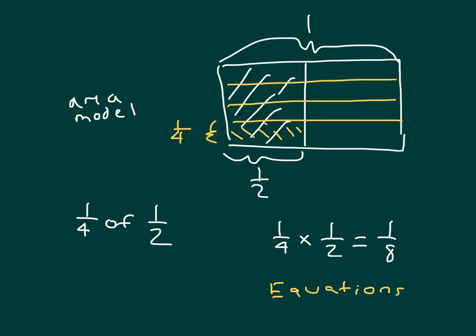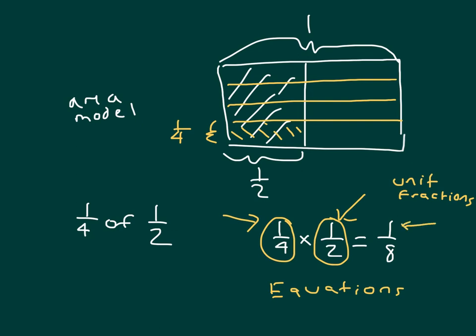And that's how it is that you can go about multiplying unit fractions. Again, those fractions where it is that they have a 1 in the numerator. Both of those, again, are unit fractions. And in fact, even our answer will be that unit fraction.